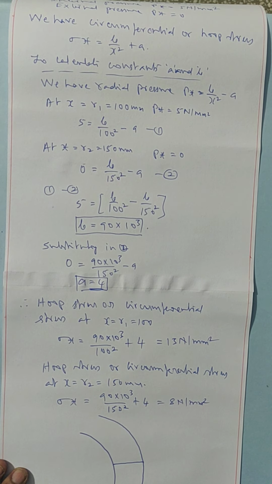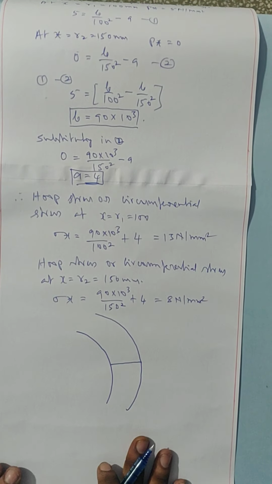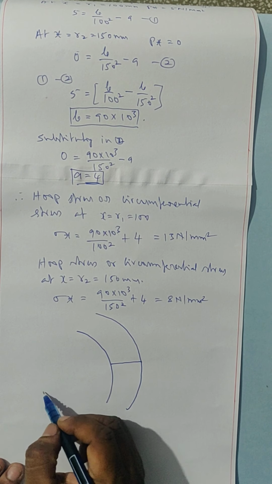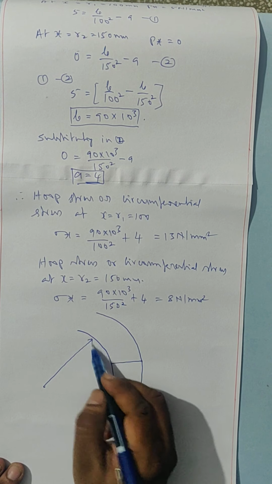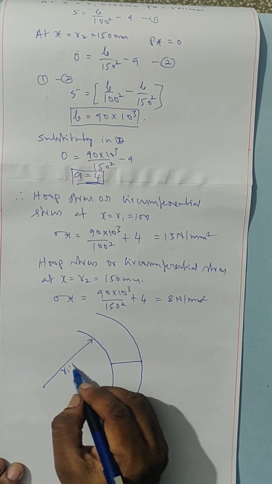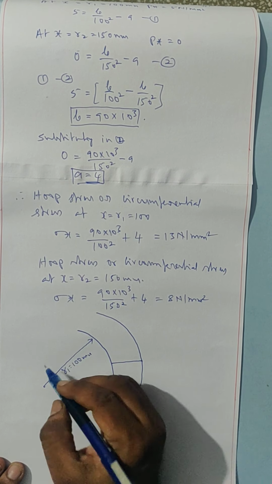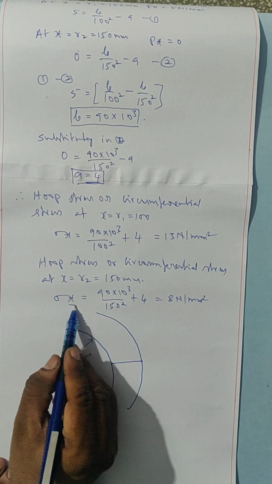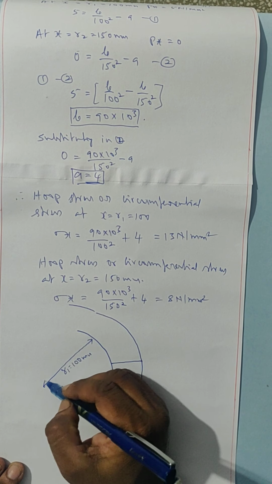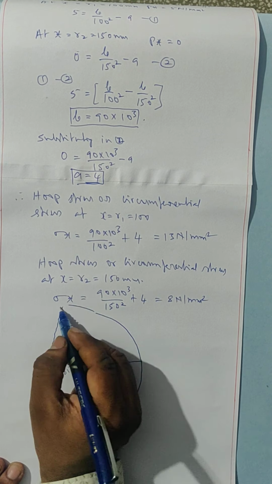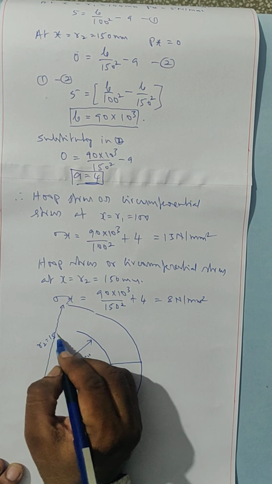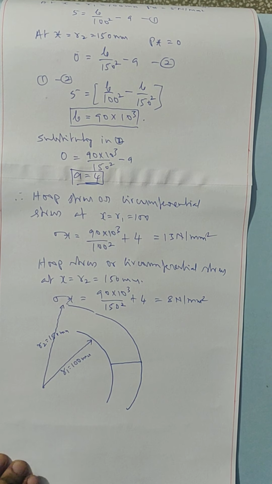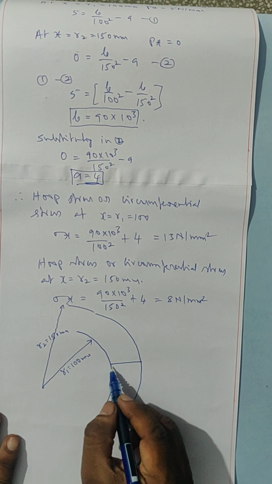This is radius 1, R1 equal to 100 mm. Again, this is radius 2, R2 equal to 150 mm. This is the reference axis.